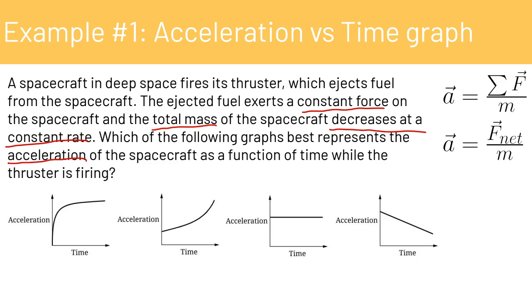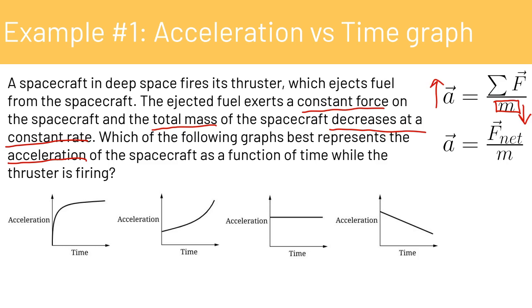We have our equations for acceleration over here on the right side. Acceleration is equal to the sum of forces divided by mass, or the net force divided by mass. Notice that as the mass decreases, as this number in the denominator gets smaller, the acceleration increases, assuming that the force just stays the same.